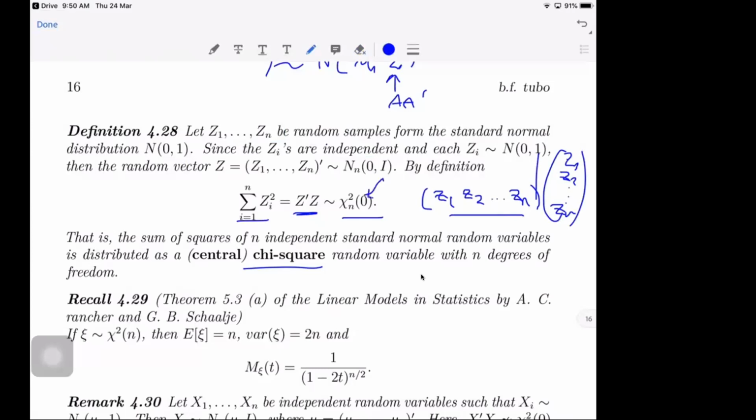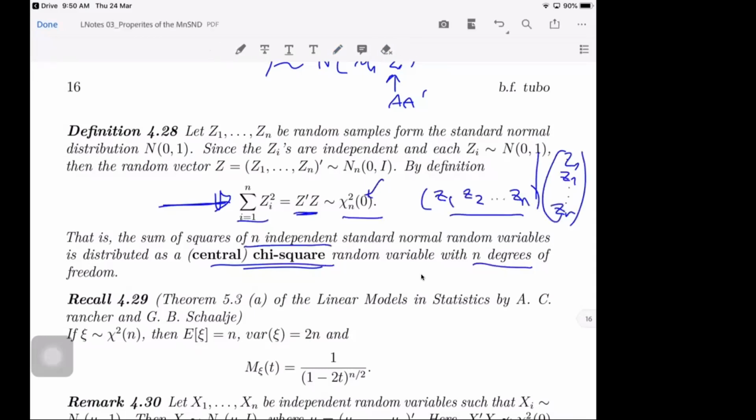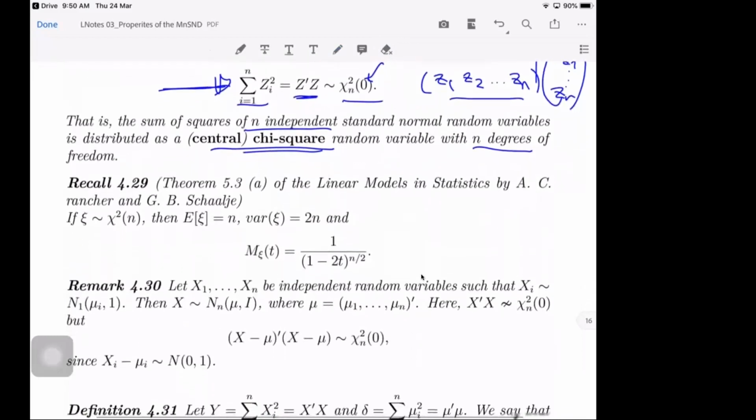The 0 here indicates that it's a central chi-square. So in other words, we make this in English form, then the sum of squares of n independent standard normal random variables is chi-square distributed with n degrees of freedom. So associated with a chi-square distribution is a degree of freedom or degrees of freedom.